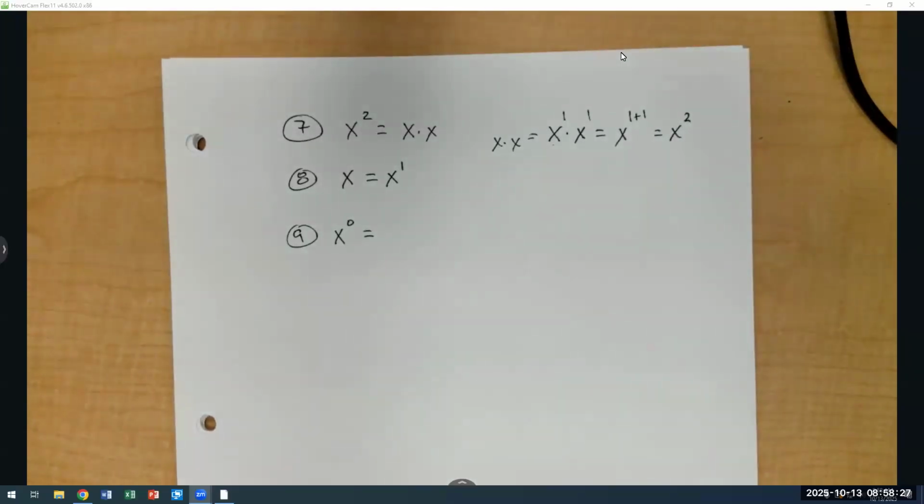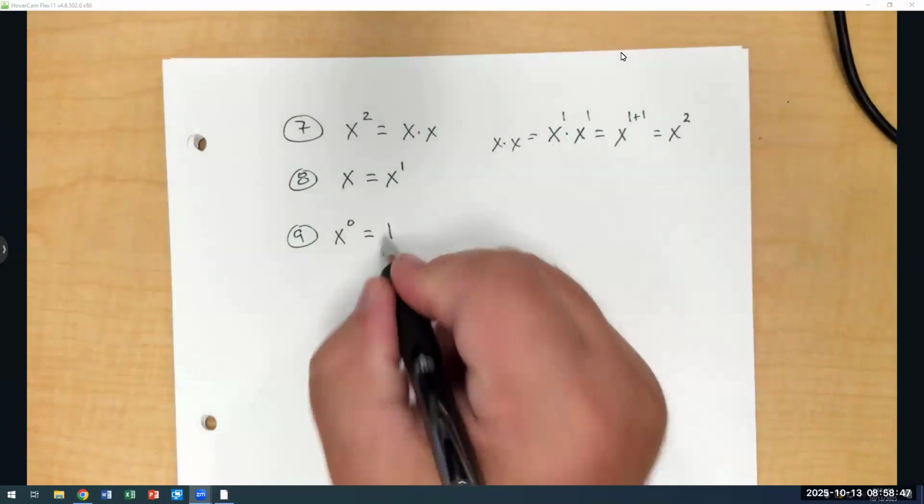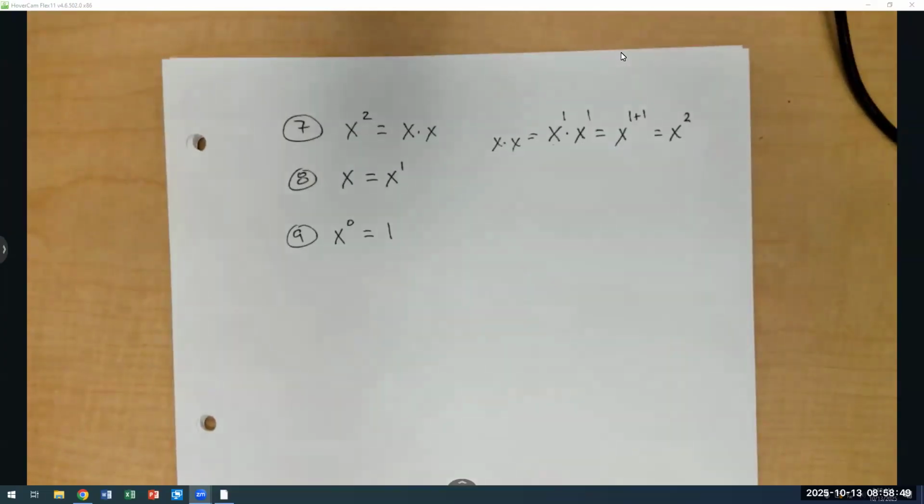X to the 0 is what? No. One. Why? Any number divided by itself is just 1. That just says that's the X to the 0. How'd you get that? I know you're looking at the notes we talked about earlier, but why?